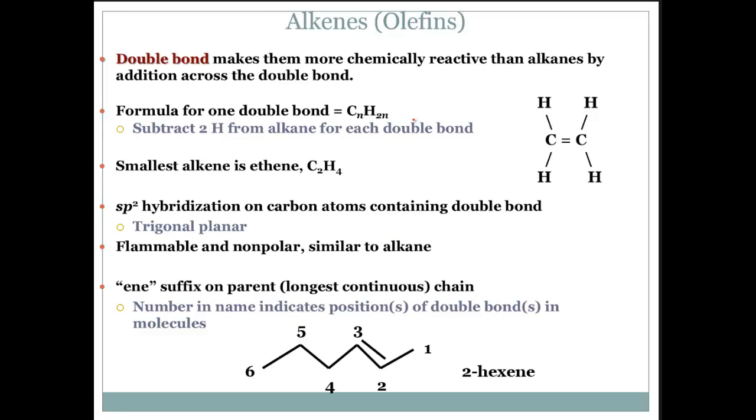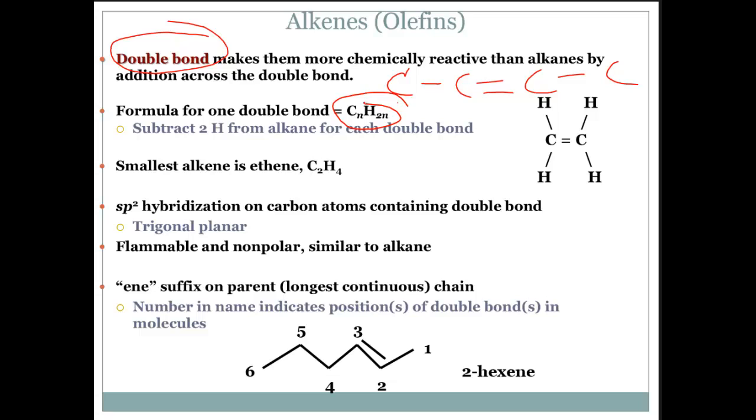Alkenes are double bonds. Those double bonds make them more chemically active than alkanes by addition across the double bond. The formula for one double bond, meaning that if we had several carbons in a row and one of them just happened to be double bonded, would be CnH2n.